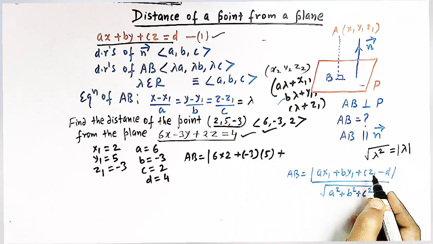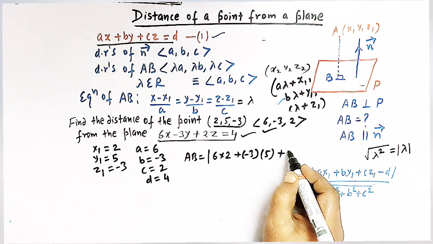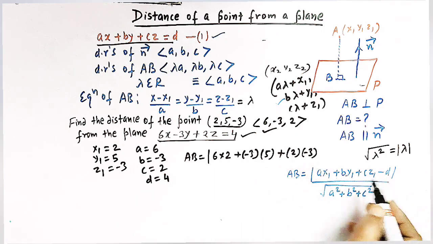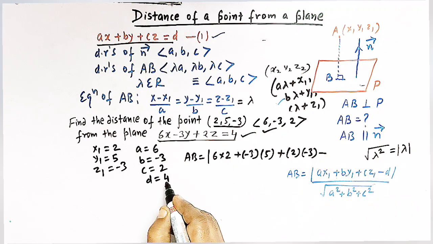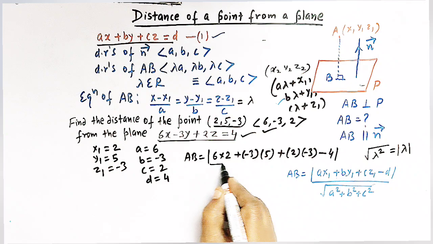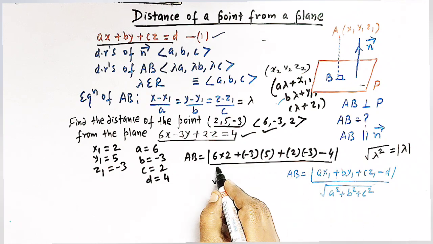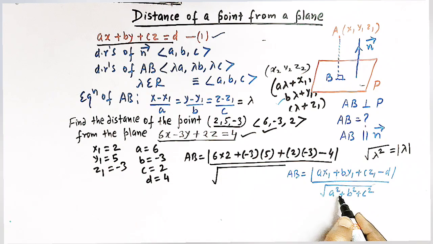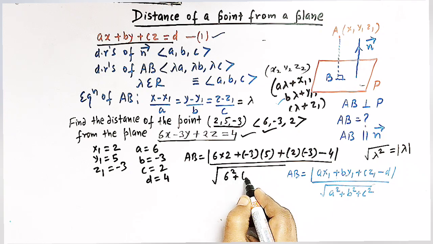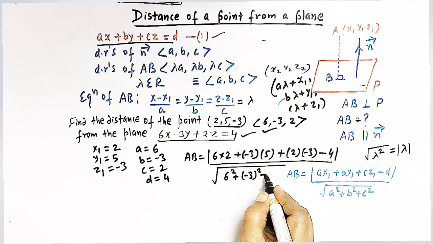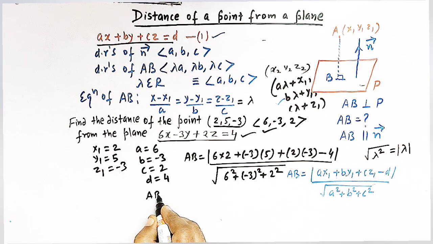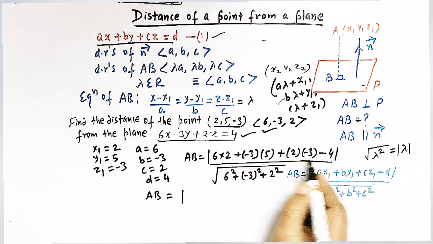And then we have Cz1, that is 2 times minus 3, and then we have minus d, and d is equal to 4, and in the denominator we have square root of a square plus b square plus c square. So we have 6 square plus minus 3 square plus 2 square. So let us solve this expression.